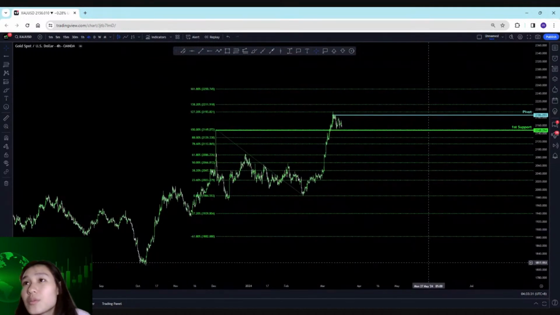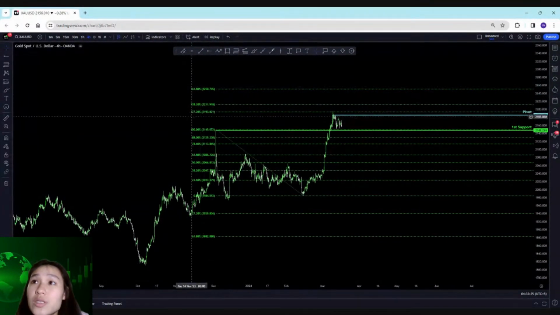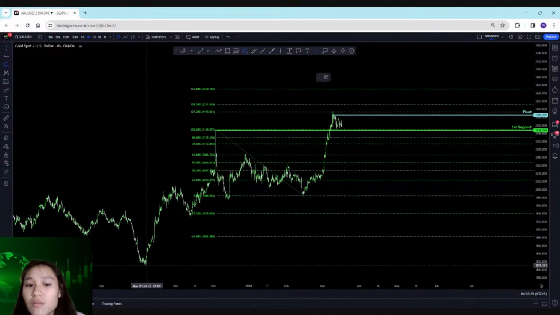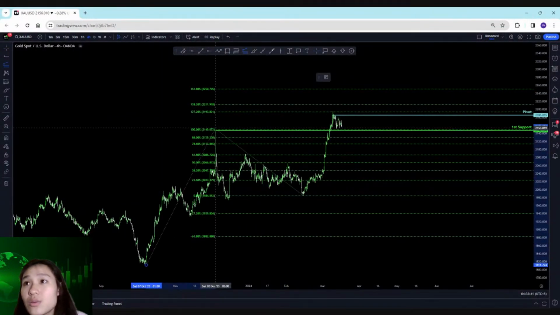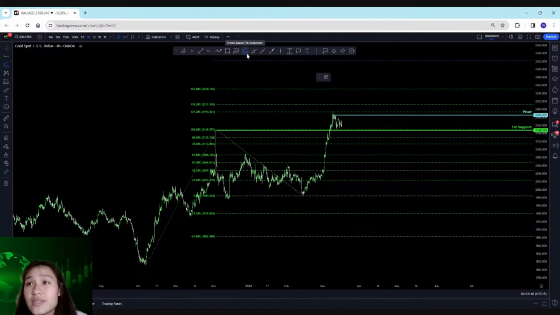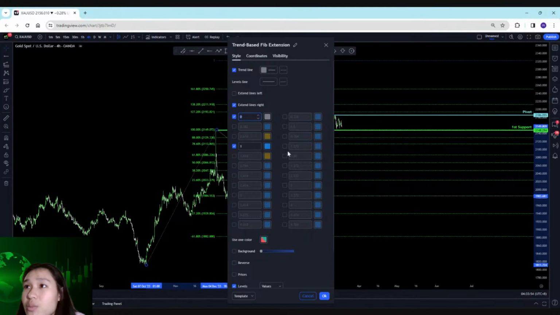Now, I'm gonna see if we have any other levels that line up with these 127.2 and the 161.8. Okay, so I'm using a Fibonacci projection, which uses this tool, the Fib extension tool. In this case, we are looking at the 78.6, 61.8, and 100%.